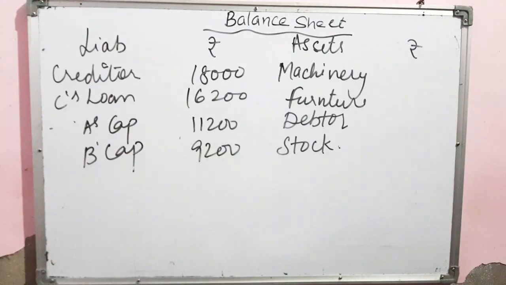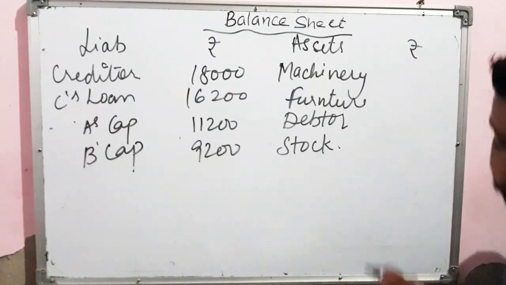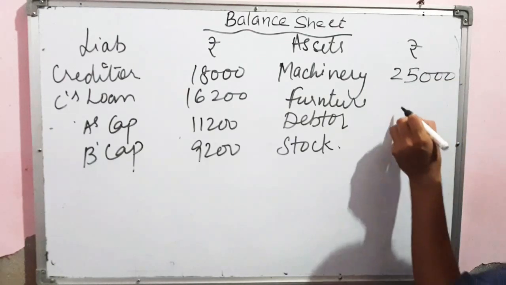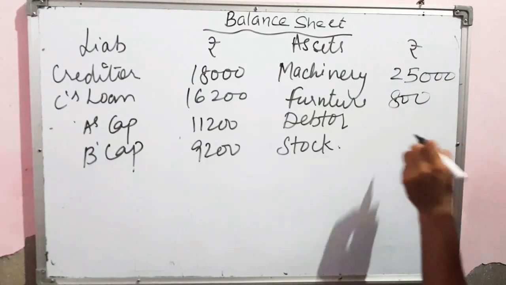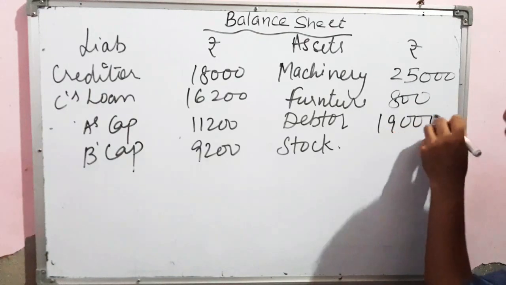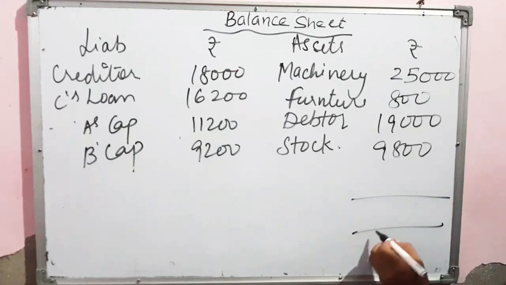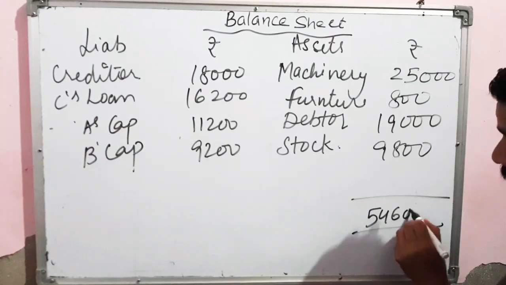So the machinery's value is 25,000, furniture is 800, debtors are 19,000 and stock is 9,800. The total is 54,600, 54,600.